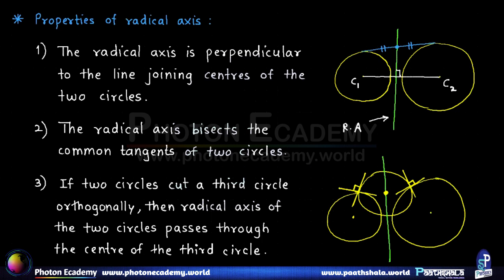The second property states that the radical axis bisects the common tangents of the two circles. We have seen earlier that there can be direct or transverse common tangents.